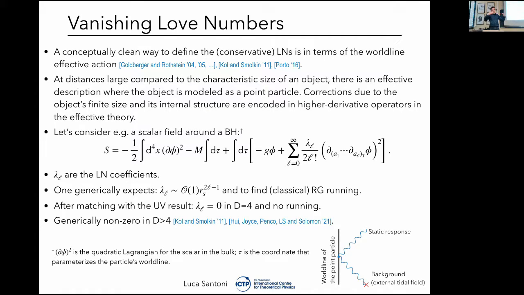You do the matching between the EFT and the UV theory, which is a standard procedure for effective theory, and you discover that these lambda_L are 0 because in the UV the Love numbers are 0. So it's something that's imposed on the EFT because you know that result from a linear calculation in GR. Just after you do the matching, lambda_L are 0 because in the UV theory they are 0.